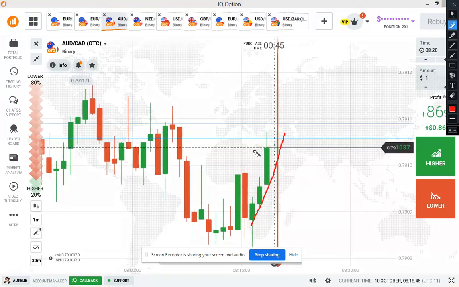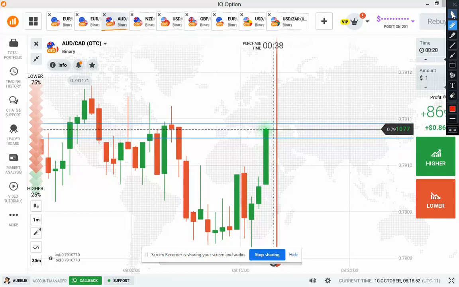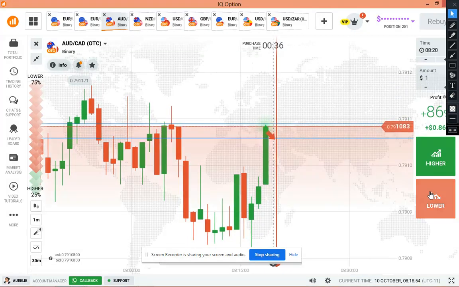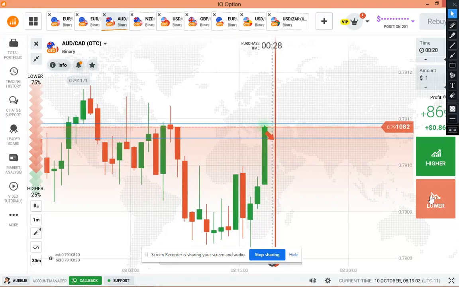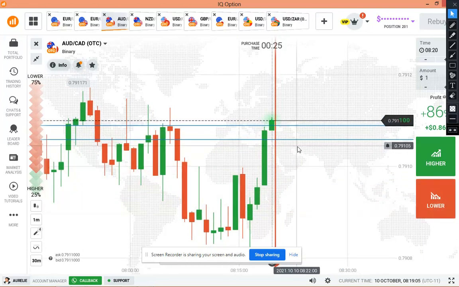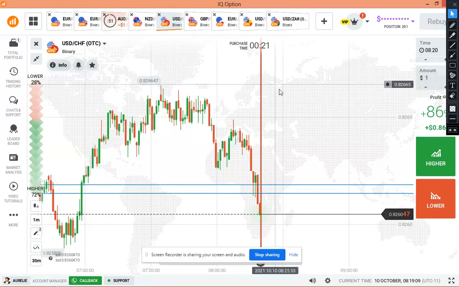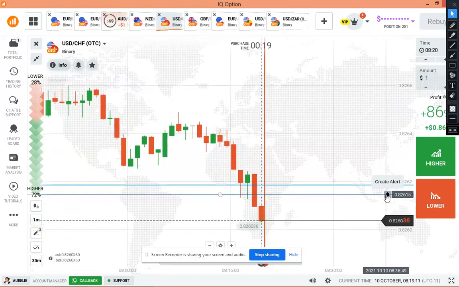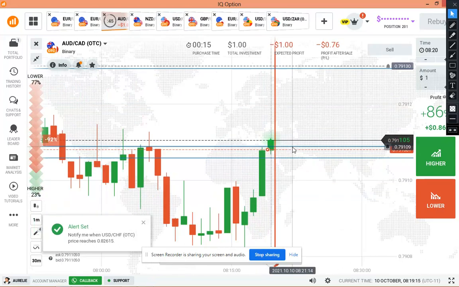Bullish momentum. I don't think market is going to reverse. Let's see. Let's try our luck. Candle did not respect the zone. It crossed the zone.